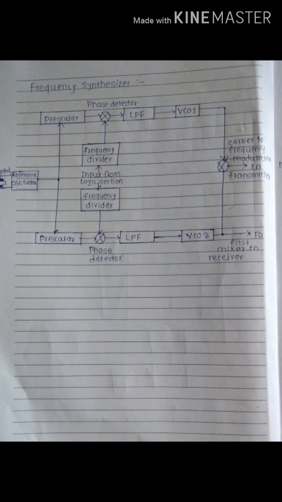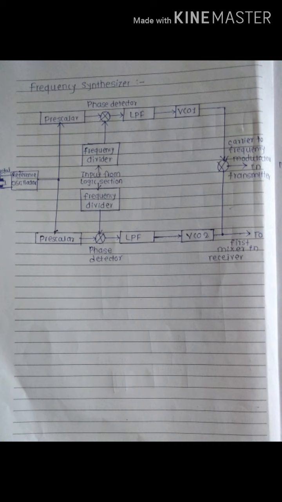The frequency synthesizer uses the divide by number, and the divide by number will set the transmitter and receiver channel frequencies. The two outputs produced by the frequency synthesizer are applied to the modulator box in the transmitter and the first mixer in the receiver.